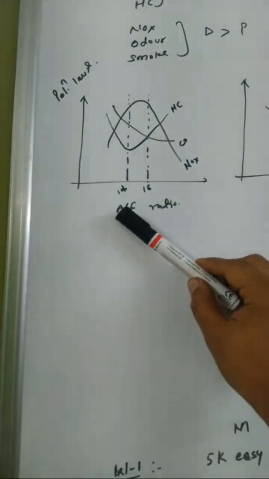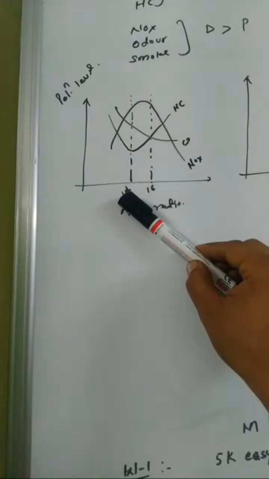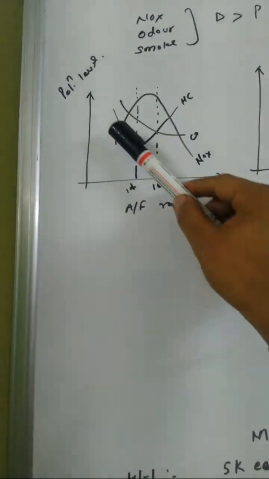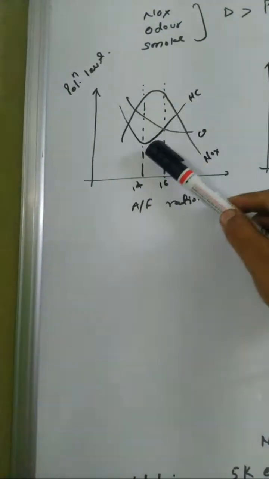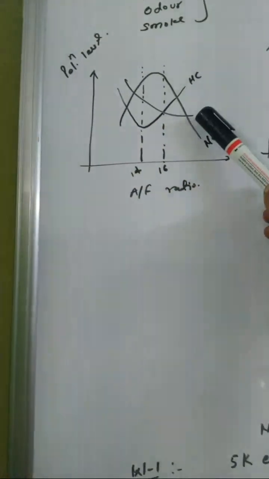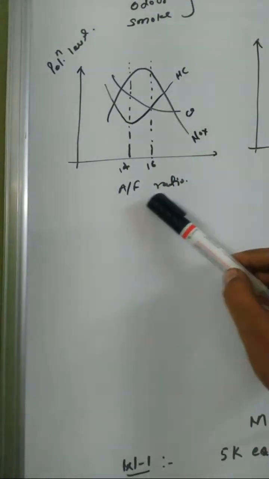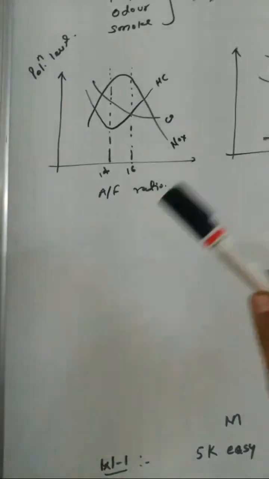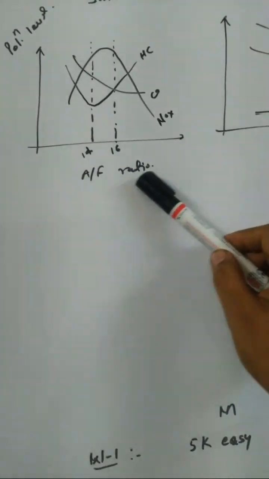If we see the air to fuel ratio in the range of 14 to 16 is good. Why? Because the pollution level of hydrocarbon will be minimum in this range. Carbon monoxide will also go down as the air fuel ratio increases, because the mixture will be leaner.